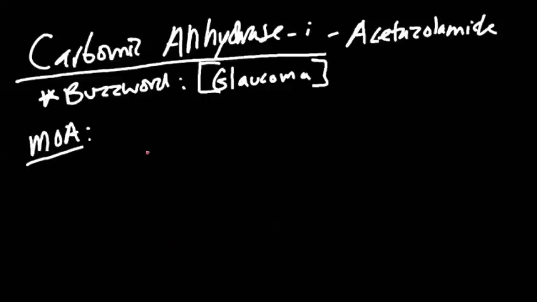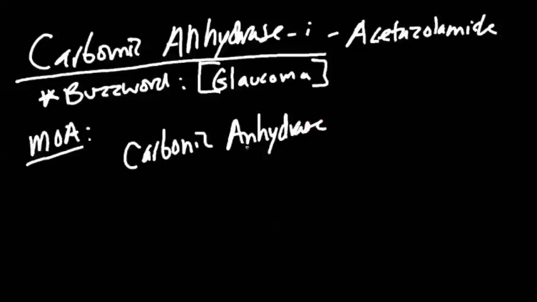So the mechanism of action for our carbonic anhydrase inhibitor is this: carbonic anhydrase is an enzyme, and it's required for bicarbonate reabsorption, HCO3 reabsorption, and this is going to be found primarily in the proximal convoluted tubule, so the PCT.